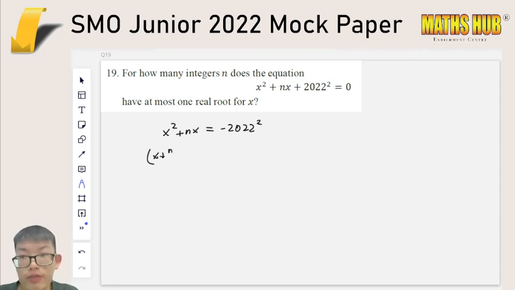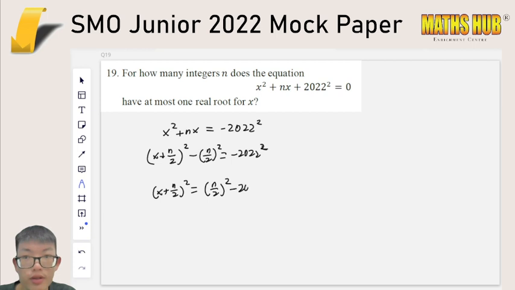x plus n over 2 squared minus n over 2 squared. Okay, and then I will shift over n over 2 squared. Okay, so what does this mean?